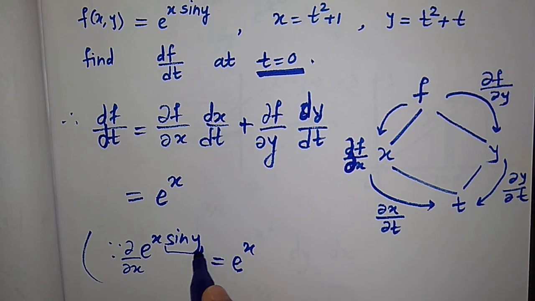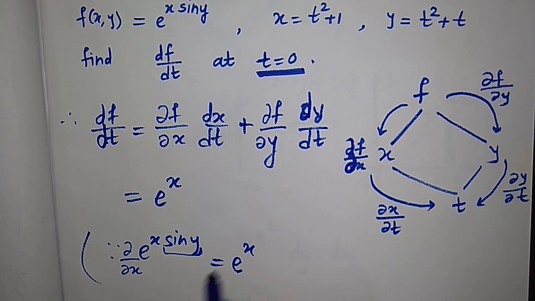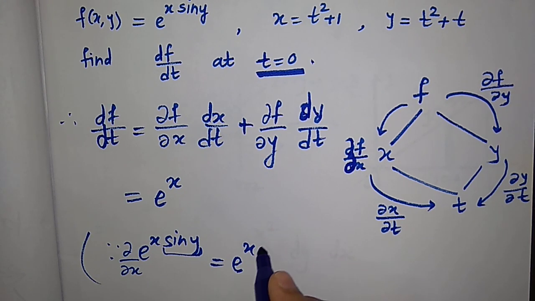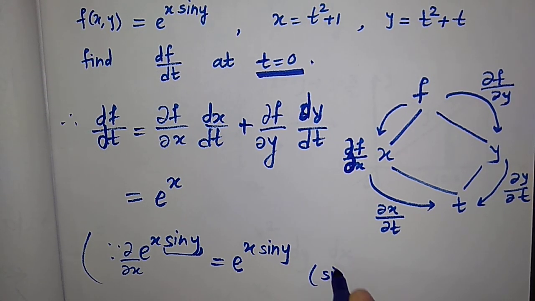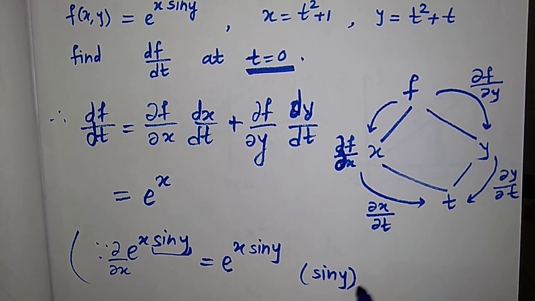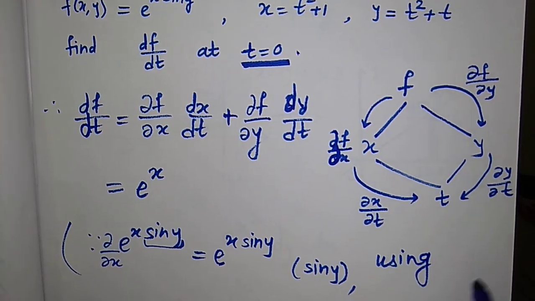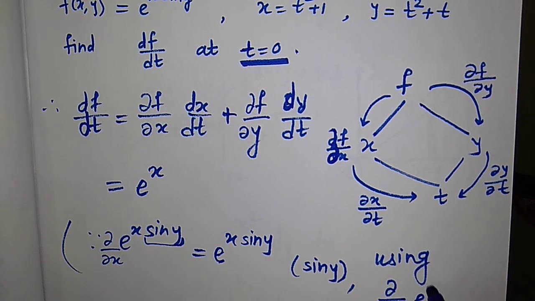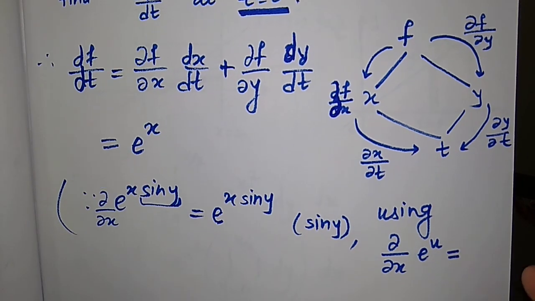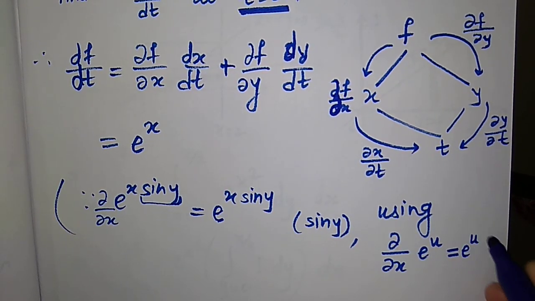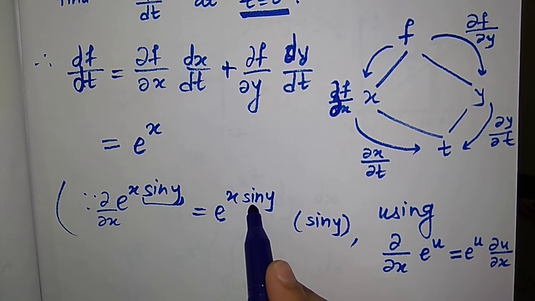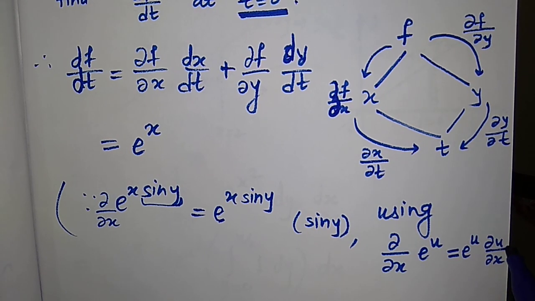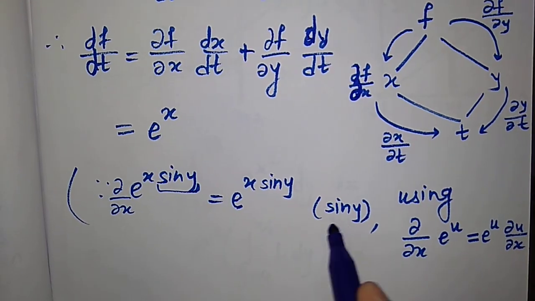Sin y is independent of x, so you treat it as a constant, so it will be e raised to x into sin y, and the derivative of x into sin y with respect to x is just sin y. You just use this: del by del x of e raised to u, where u is a function of x and y, is equal to e raised to u into del u by del x. So you treat u equal to x into sin y, and when you differentiate u with respect to x, you will just get sin y, correct?